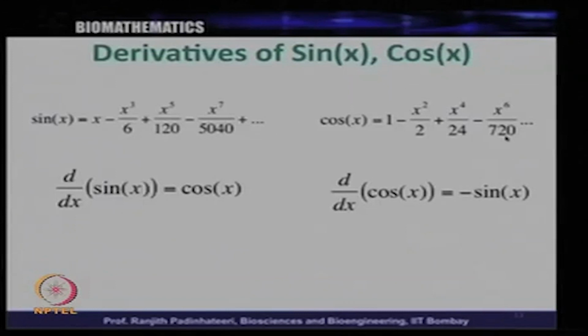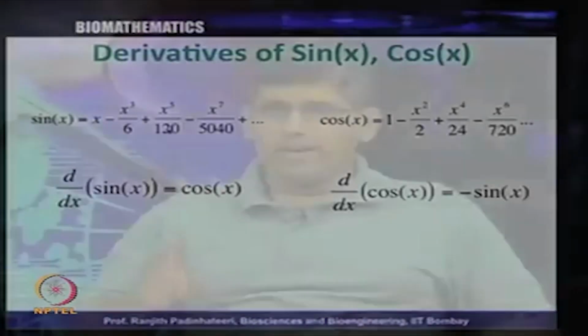And it turns out that the derivative of sin x is nothing but cos x, and derivative of cos x is minus sin x. So, the derivative of this function is this function, and derivative of this function is negative of this function. So, this you can convince yourself. You can just take this series, just like what we did now, and find the derivative of each term using these two rules we learned.